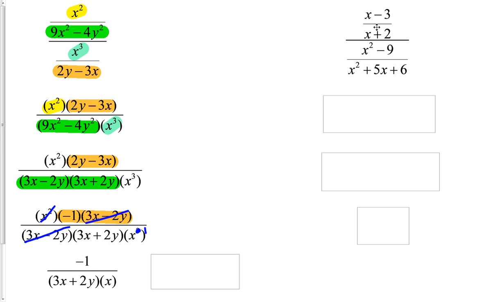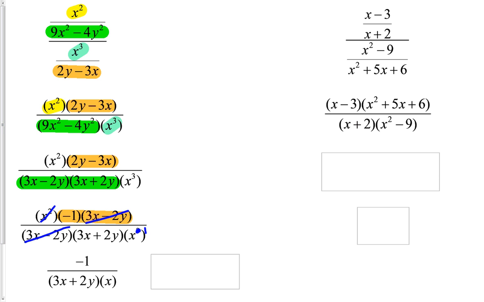Last one here. X minus 3 over x plus 2, all of this divided by x squared minus 9 over x squared plus 5x plus 6. Since we're just flipping this last one and doing multiplication, let's write that out and make sure that everything came from where we expected it to. X minus 3 was in our numerator.